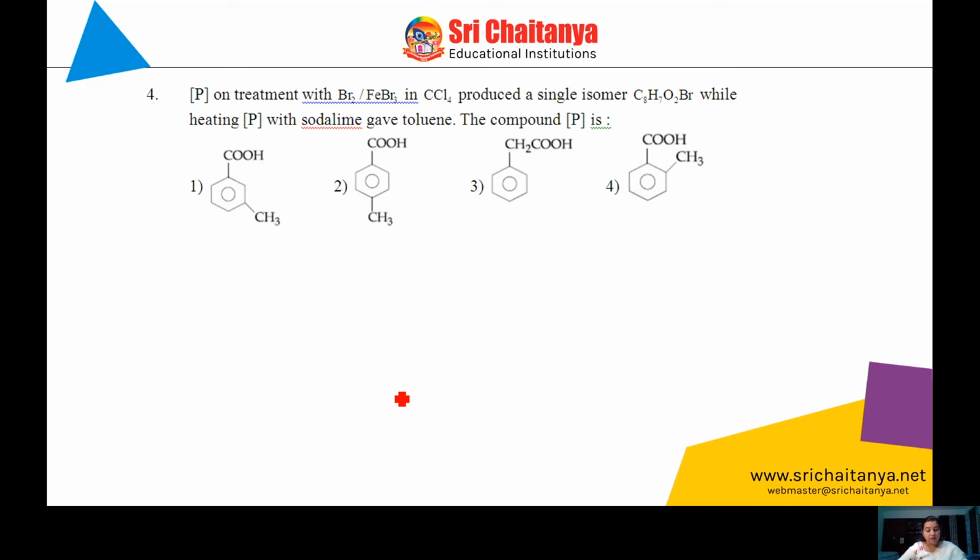Moving to the next question, which is: P on treatment with bromine with FeBr3 and CCl4, where CCl4 is functioning as a solvent, produced a single isomer C8H7O2Br. As it says only one Br, we have to consider monobromination on the ring. While heating P with soda lime gives toluene. That is also compulsory, that on heating it should form toluene.